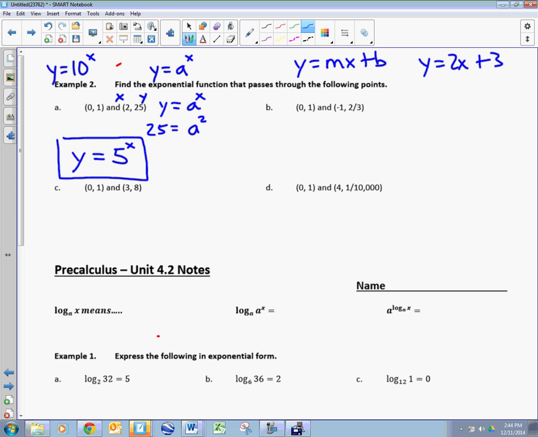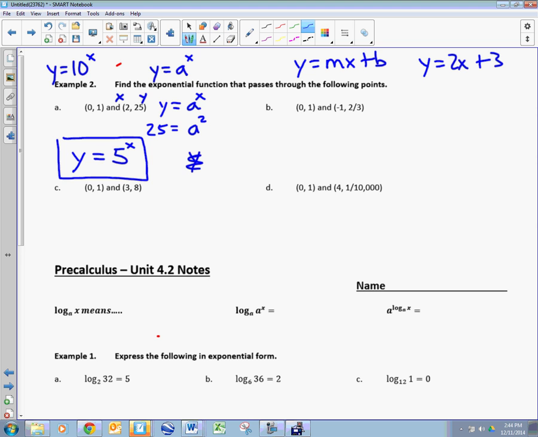And once you see logarithms, you'll understand why. Anything to the 0 power is 1. Yeah, because -5 to the 0 power is still 1.